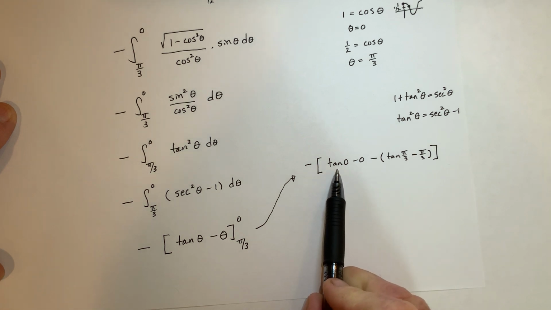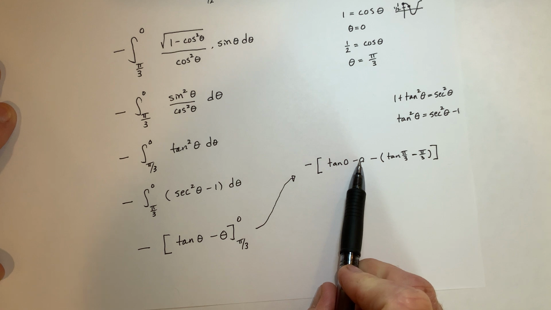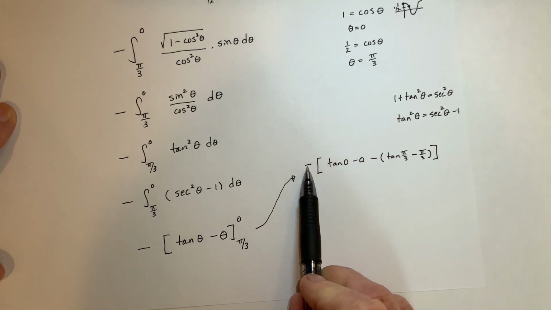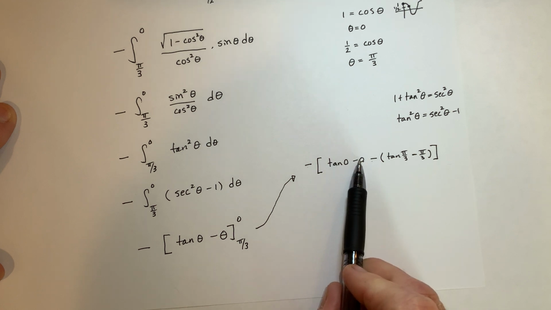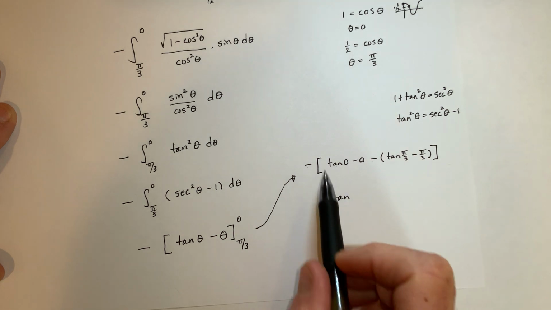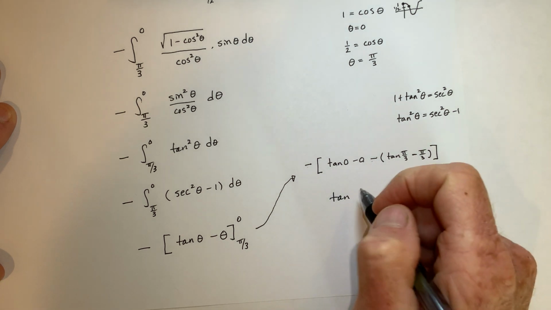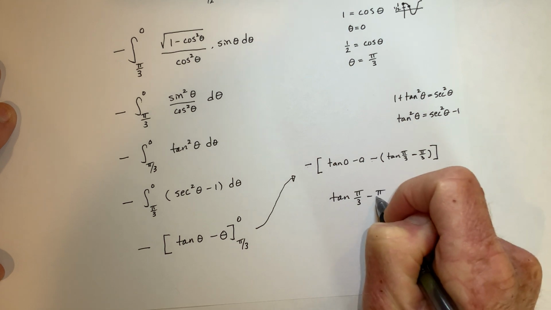Well, tangent of 0 is 0, so that's a 0 and that's a 0, so those two disappear. And then this negative and this negative could cancel each other out after these guys disappear. So all that's left is tangent of pi over 3 minus pi over 3.